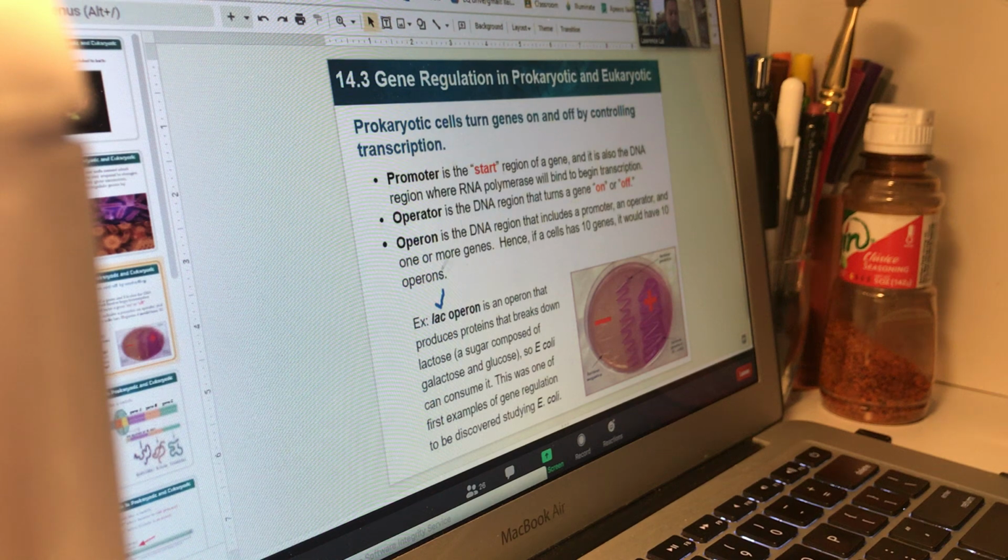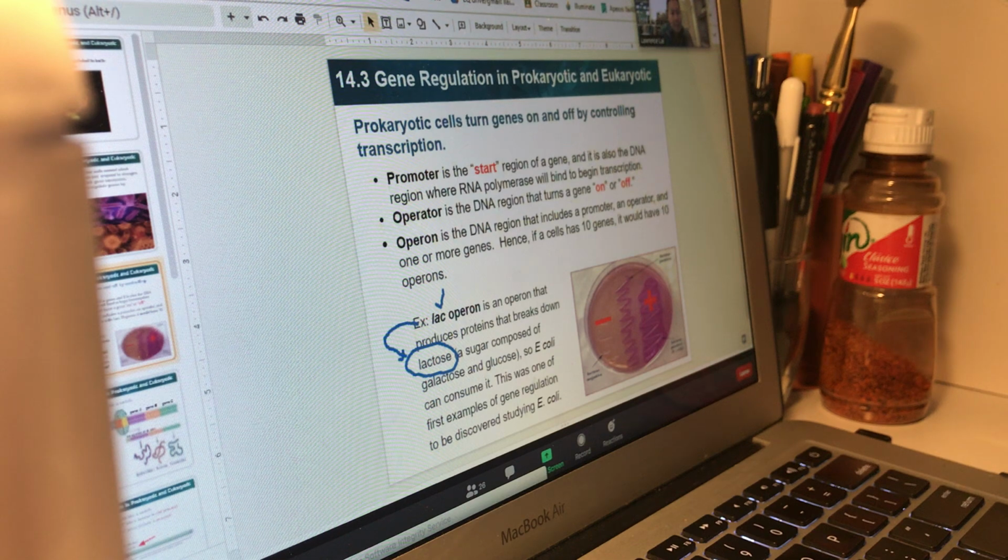The lac operon is found in bacteria, and because it's an operon, it's also a gene. It produces a protein related to lactose. Lac comes from lactose, okay?